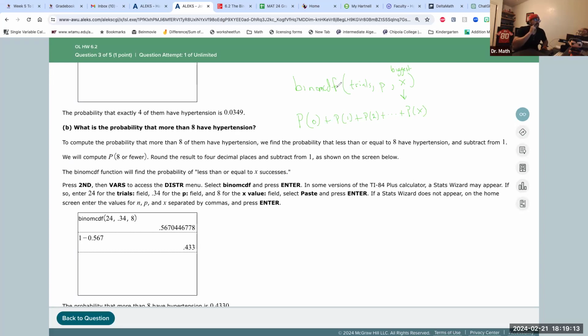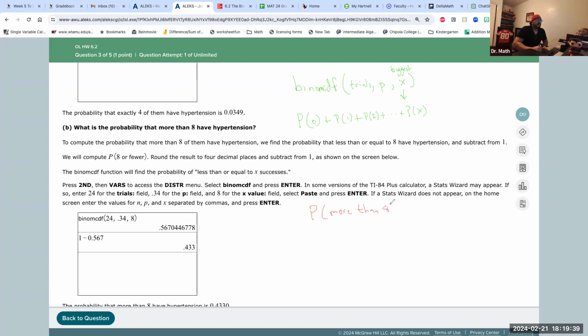Well, Houston, we have a little problem here because look at what this question wants. It says, find the probability that more than 8. So let's think about this. When it says more than 8, what they're saying is they want the probability of more than 8.